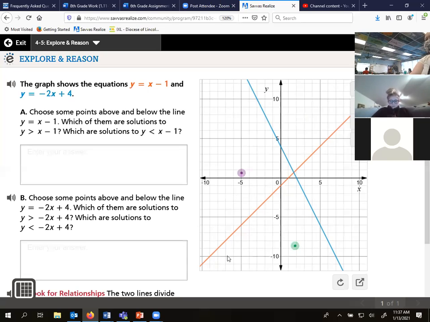Now the green dot shows us everywhere that's less than the orange line and less than the blue line. And the purple dot is everywhere greater than the blue line, but less than the orange line. Okay, so those two lines can make 4 sections on the coordinate plane.